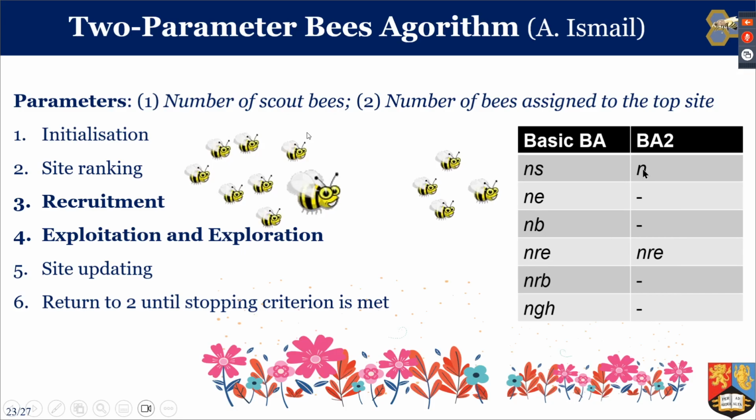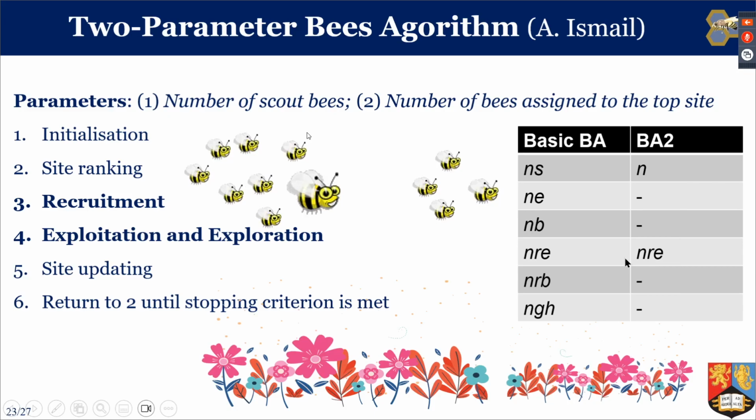The number of scout bees. So scout bees, you need to specify. In this example that I show here, there are 2 scout bees. There's this big scout and a smaller scout. The big scout is the one that has performed really well, so we give it quite a few followers. We give it 7 followers here, and 7 is the number that we specify.